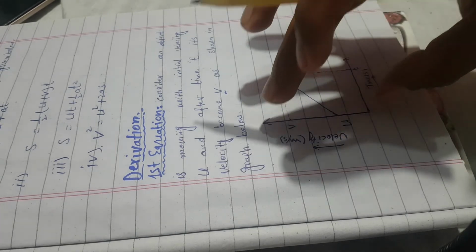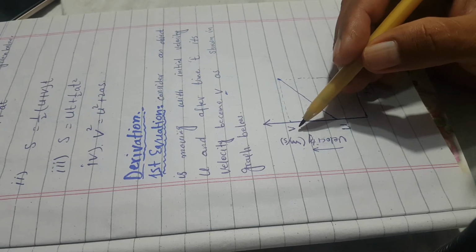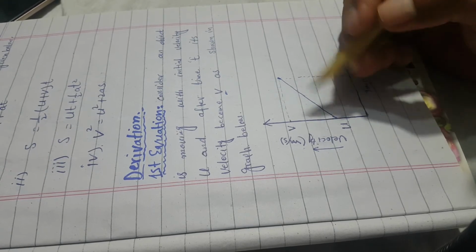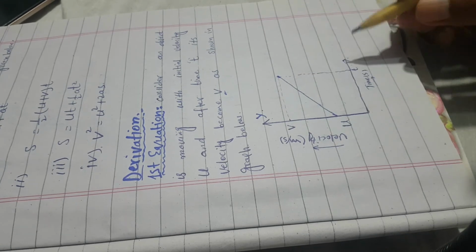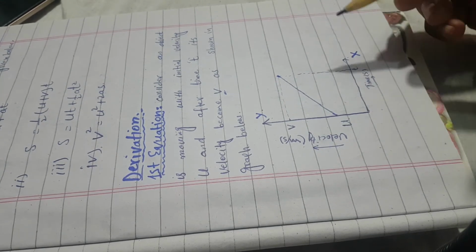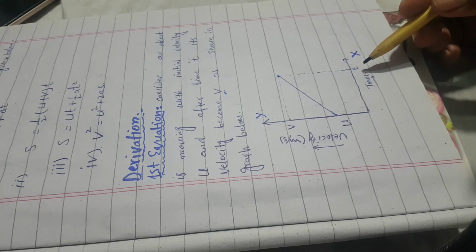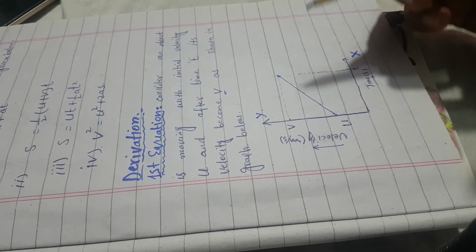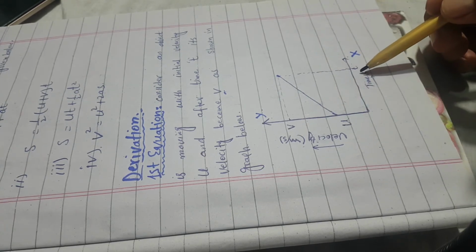So we will take v, the velocity measured in meter per second, on the y-axis, and t on the x-axis. We know that t, time, is the independent variable and v is the time dependent variable.